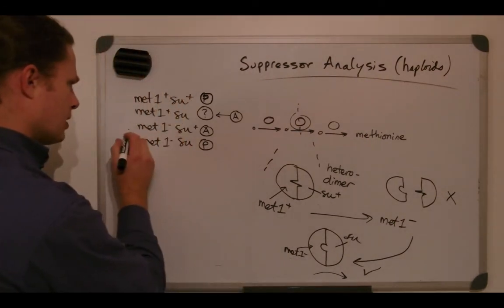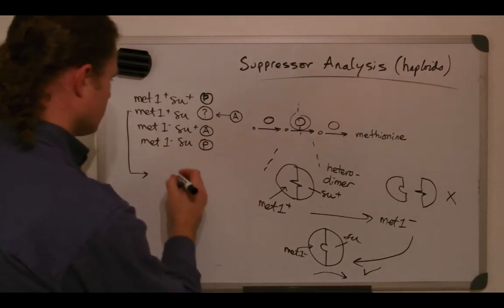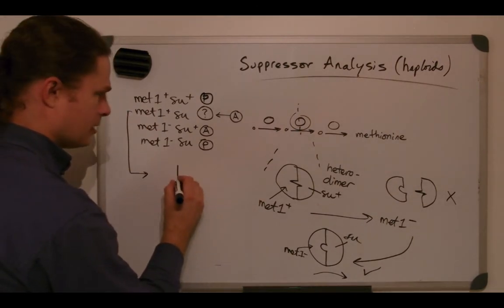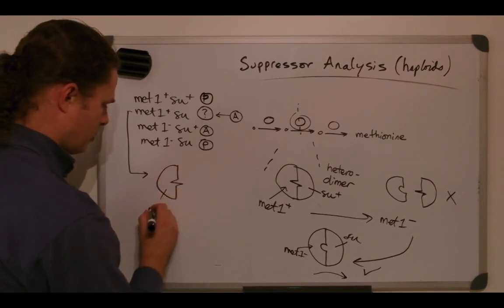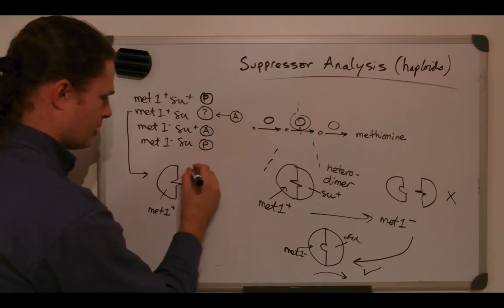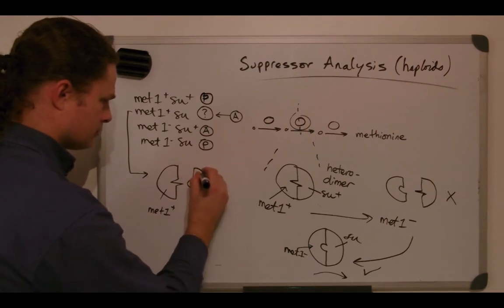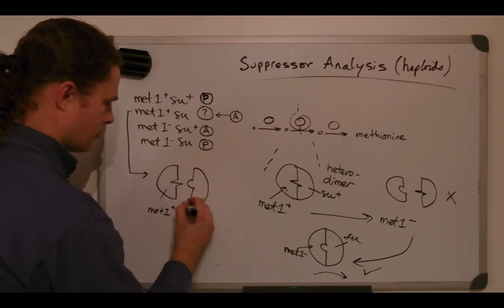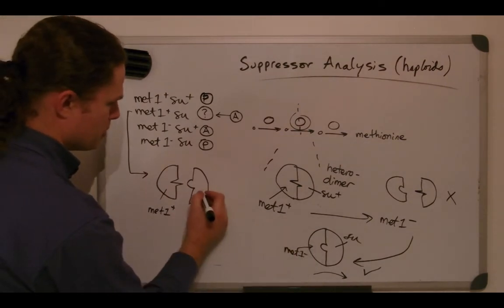So if we looked at this particular genotype here and drew out what the proteins looked like, we would have the wild-type allele of MET1, and then we would have the suppressing allele, the allele of the suppressor that acts to suppress the MET1 minus mutant.